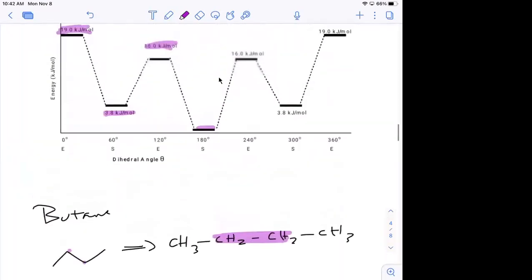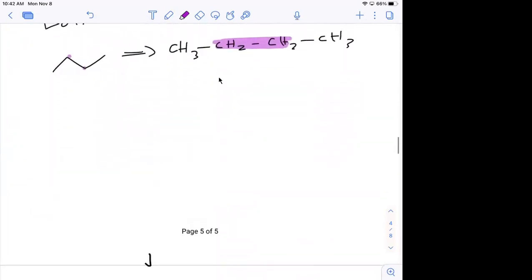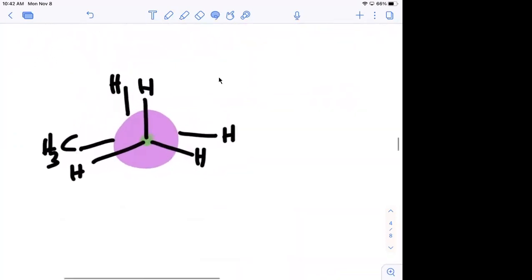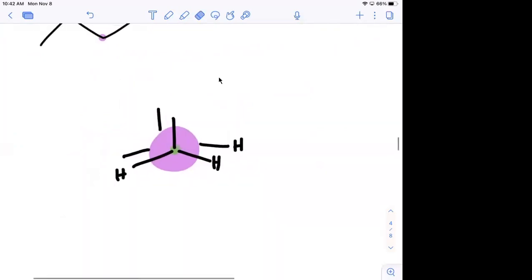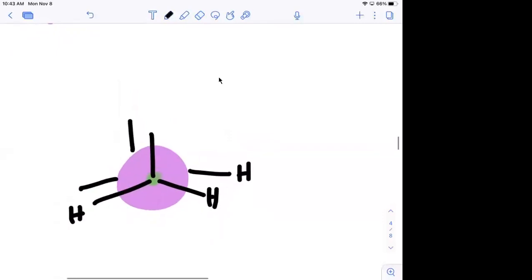All right, so we're going to try to follow the energy surface. With that conformer at 19 kilojoules per mole, let's see what that looks like. So we're going to take this, and on the front carbon and the back carbon, we're going to have H, and CH3, and CH3.